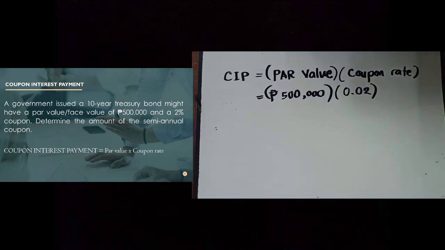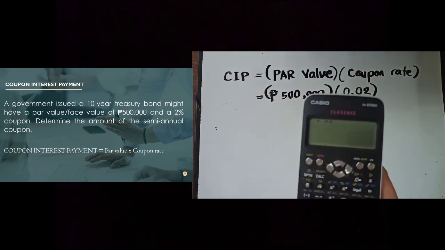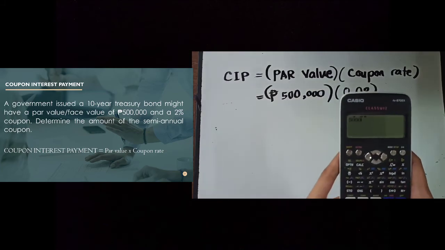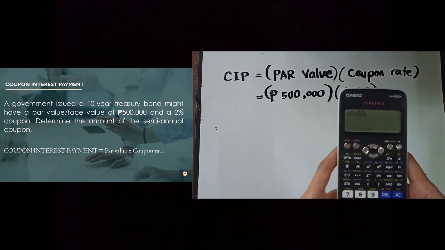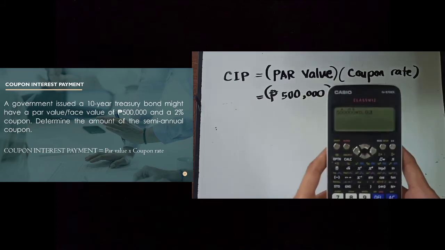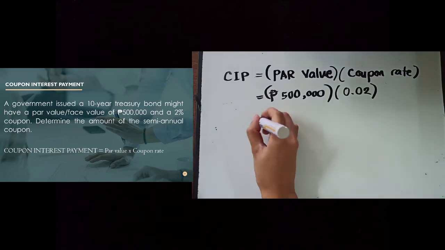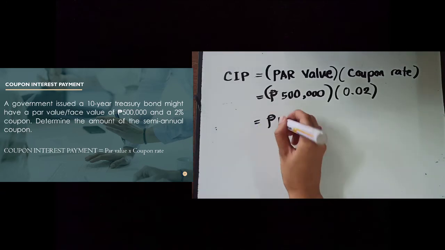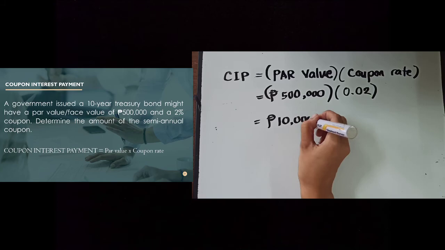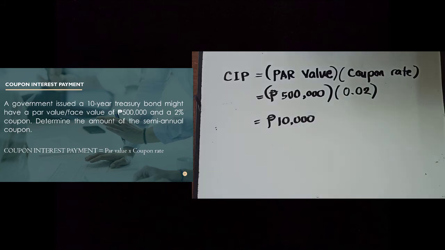Okay, so now 500,000 multiplied by 0.02 is equal to 10,000 pesos. Okay, so 10,000 pesos yung coupon interest payment annually.